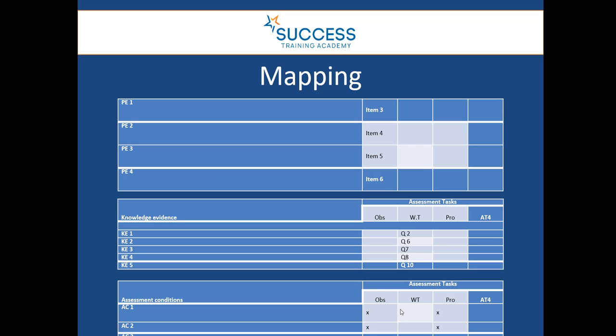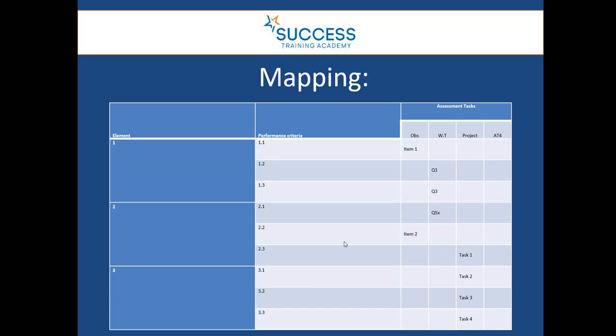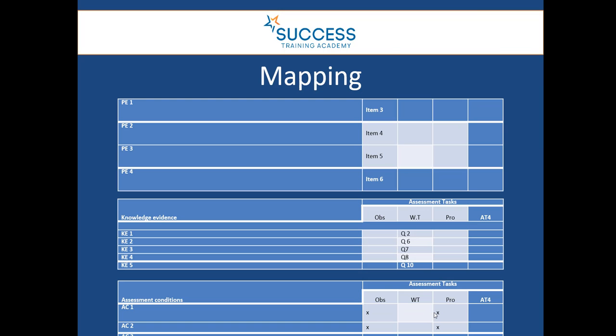And this is just the first initial stages as we build our assessment. Okay, what you'll often find is that in the beginning stages, somebody will just put a cross against how it's going to be assessed, and then later on they'll come back and actually put in the question number specifically once you've made the assessment.